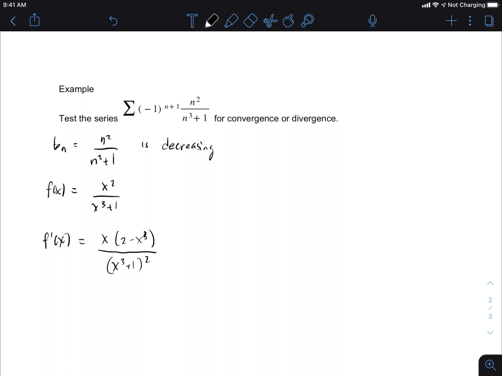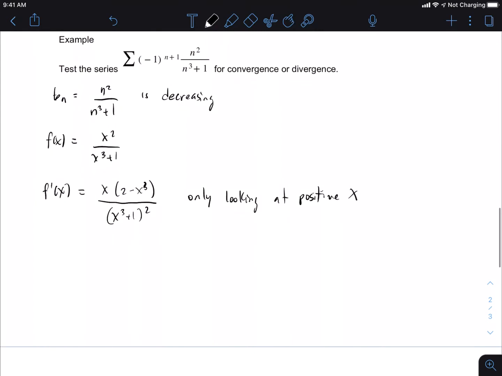Because our series goes from 0 to infinity, we're only going to be looking at positive x's, okay? That's important for us to look at.